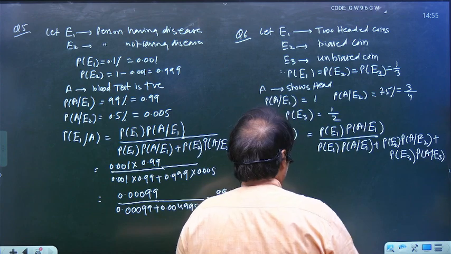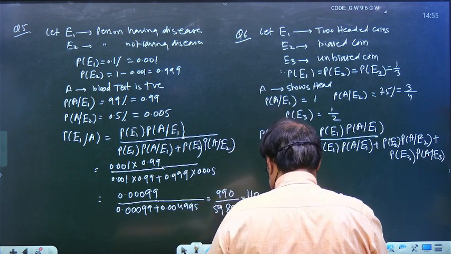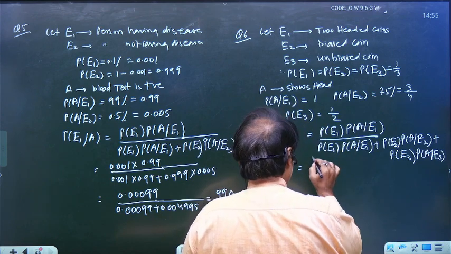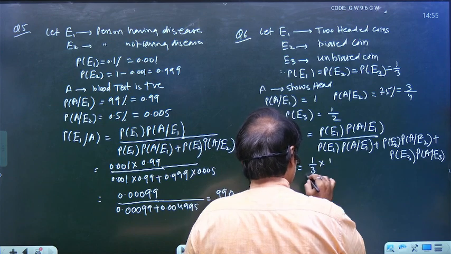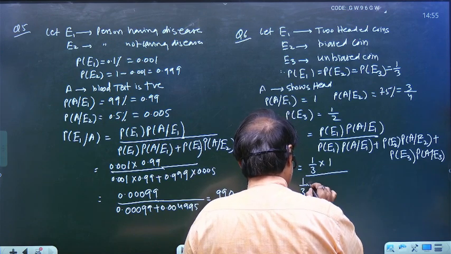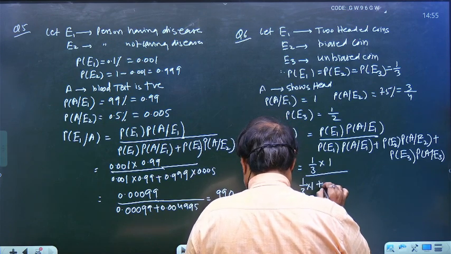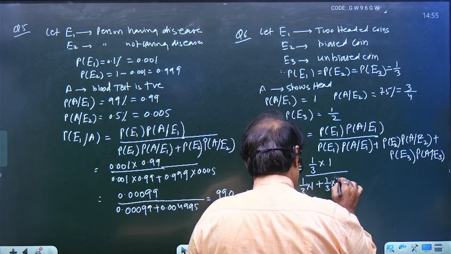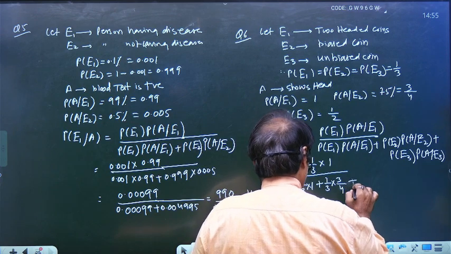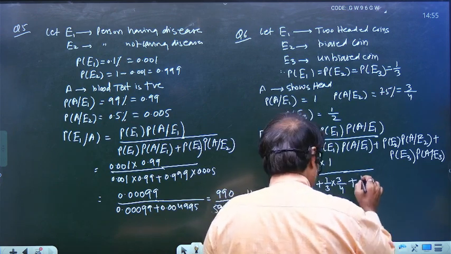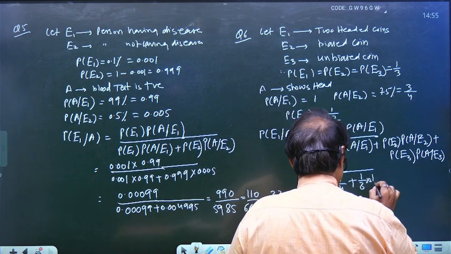Okay, and now put all the values. So the values are 1 by 3 into 1 divided by 1 by 3 into 1 plus 1 by 3 into 3 by 4 plus 1 by 3 into 1 by 2.